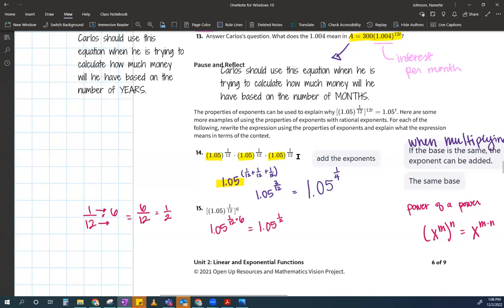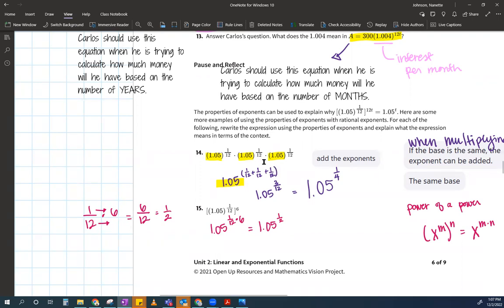Now I already cheated and I told you that it was months. What here tells you that we're talking about months? Very good.